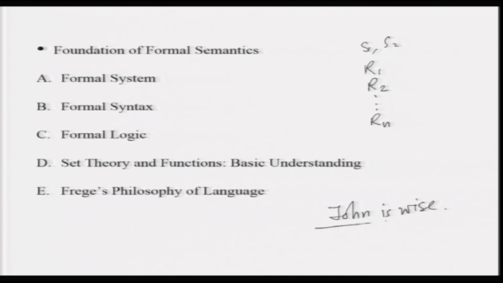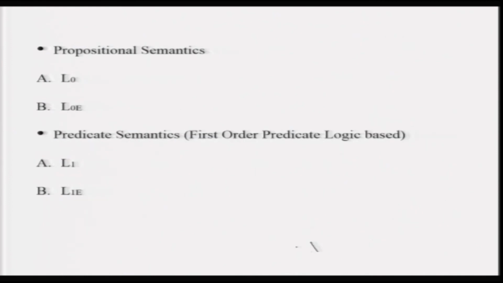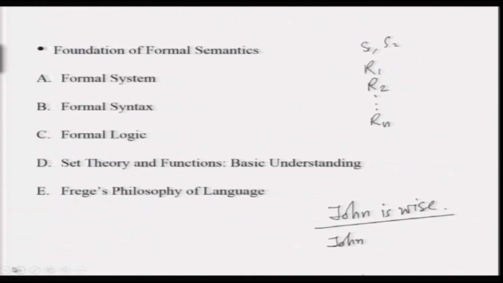There would be rules for cooking up this sentence, but the same grammar also must block a construction like "John are wise," right? This should be blocked. So it has this twofold agenda.